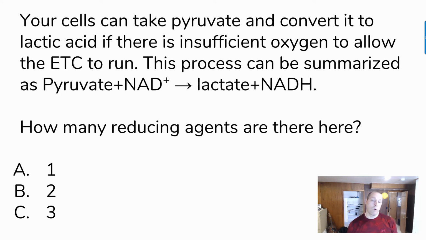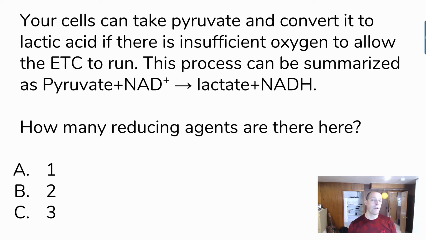Okay, so the core of the question here is how many reducing agents are there? What we've got going on here is pyruvate giving electrons to NAD+, and NAD+ is obtaining the electrons. The products of that process are lactate and NADH. So lactate and NADH aren't doing anything here. Nobody's acting as a reducing agent on that side of the equation.